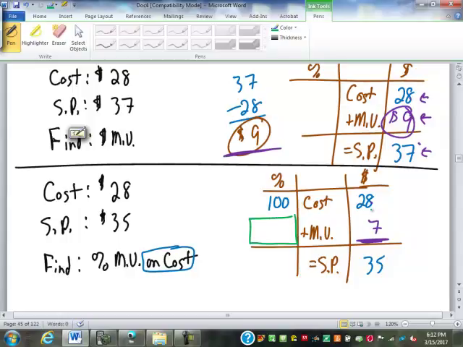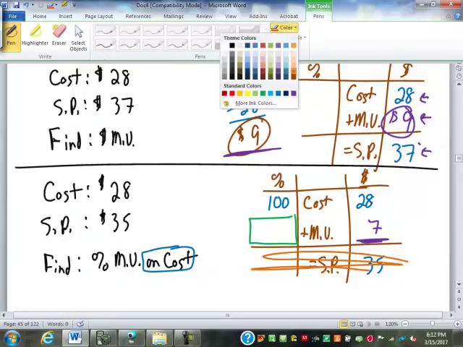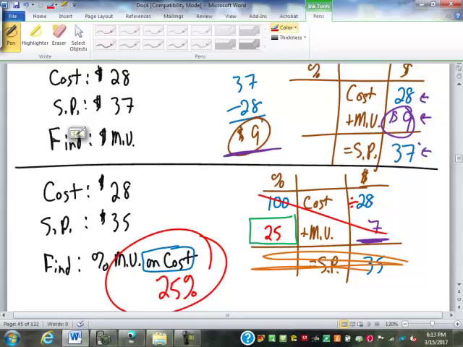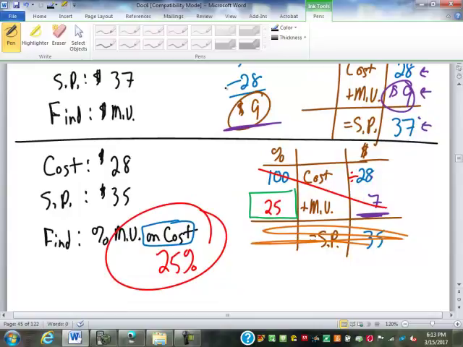So this time it's the bottom row that I don't need. I will cross multiply. 100 times 7 divided by 28 is 25. There's a 25% markup on cost. What more work do you have to do other than subtract SP from cost? Pretty much that's it. Okay.